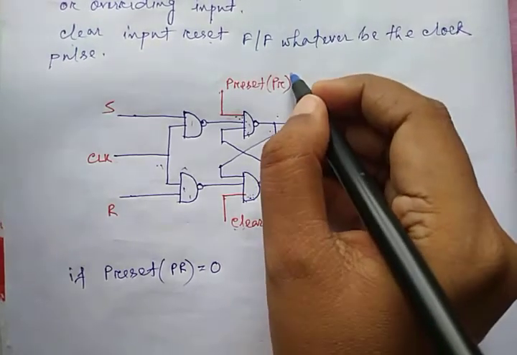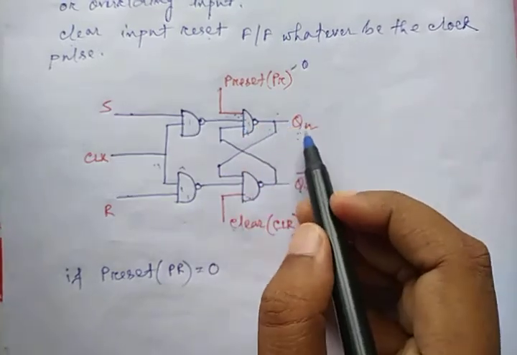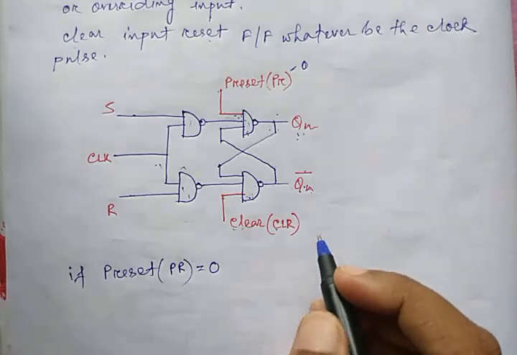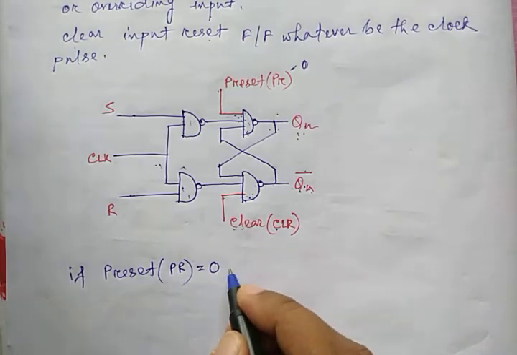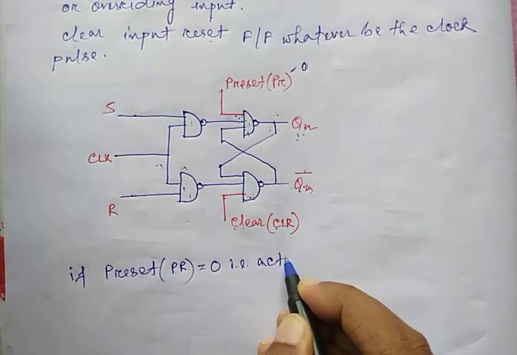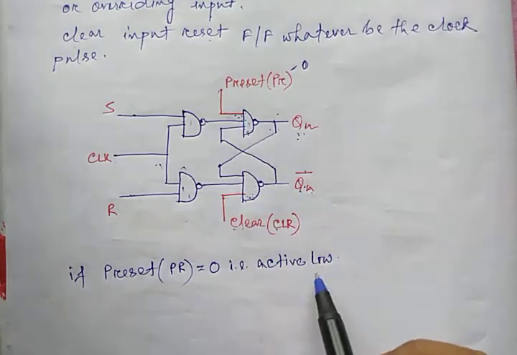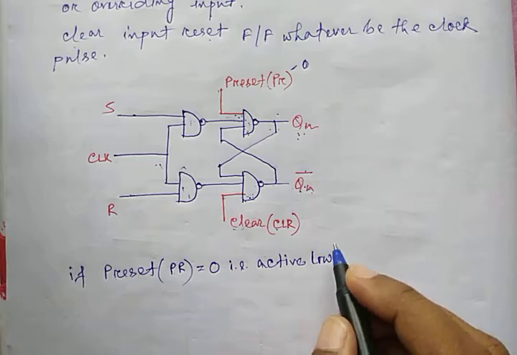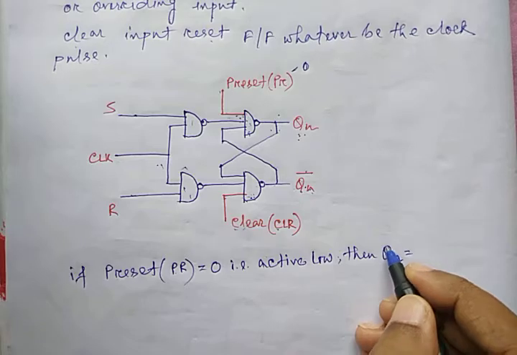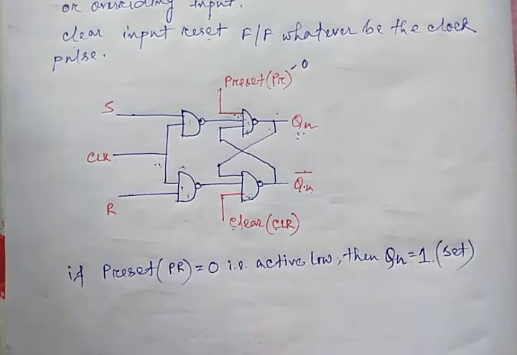If we feed this as a 0 input, then whatever the value of the other two input signals, we get output as 1. So we can say that when preset equals 0, that means active low, 0 value means active low value, then QN equals 1 means set.